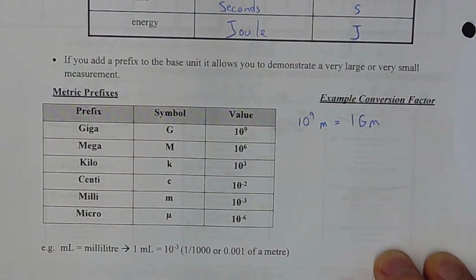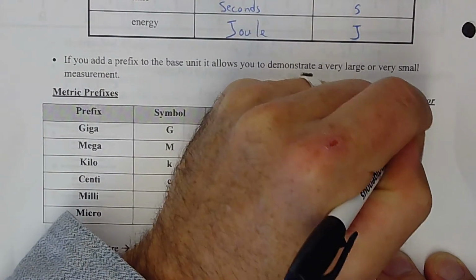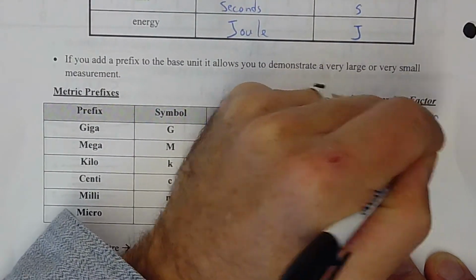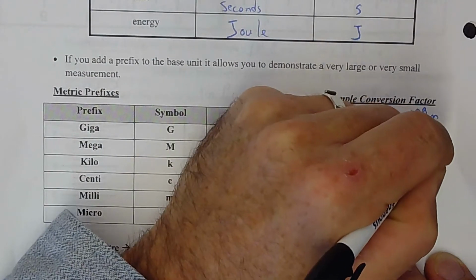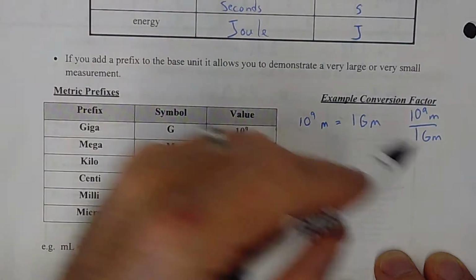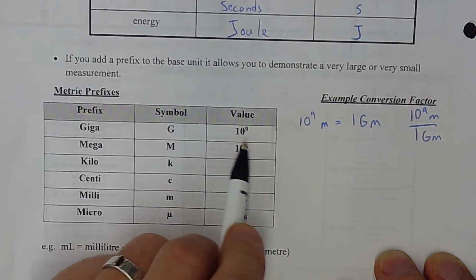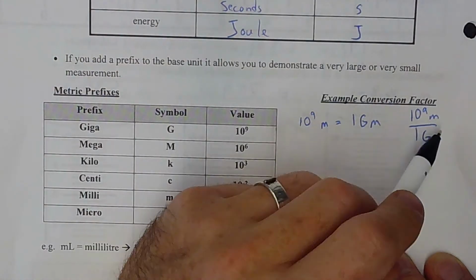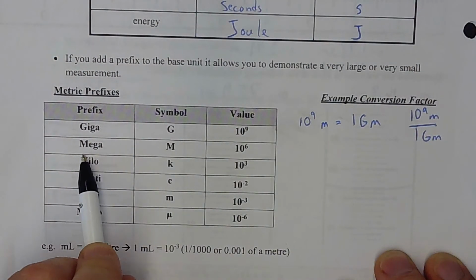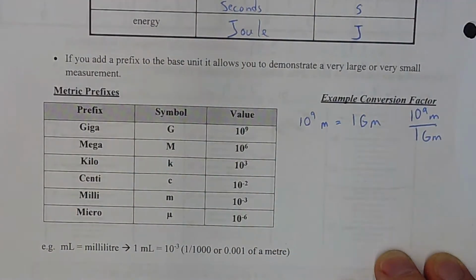All right, our conversion factor, we'll put it like this. 10 to the 9 meters over 1 gigameter. In these conversion factors, the top always equals the bottom, and the bottom always equals the top. The one with the power is always going to be your base unit. So mega, like megabyte, is 10 to the 6.